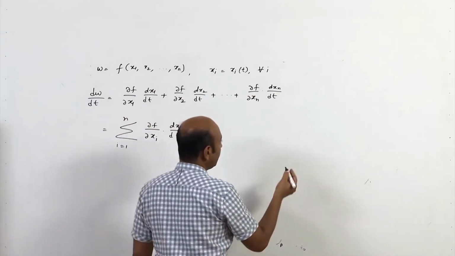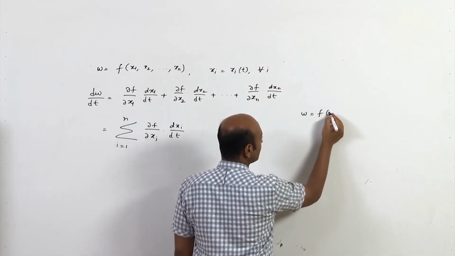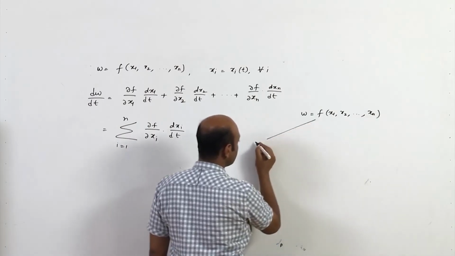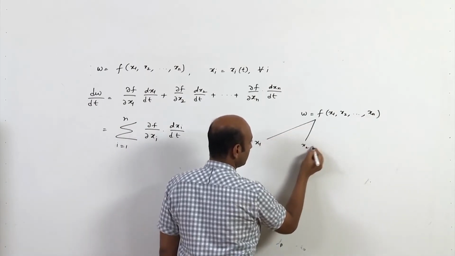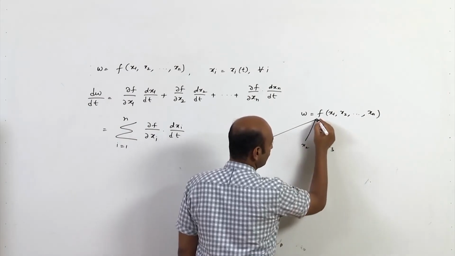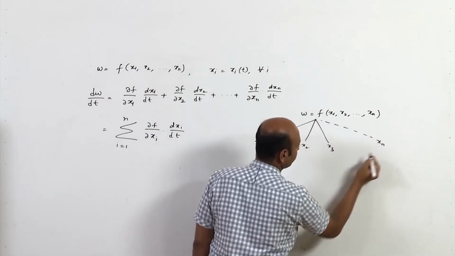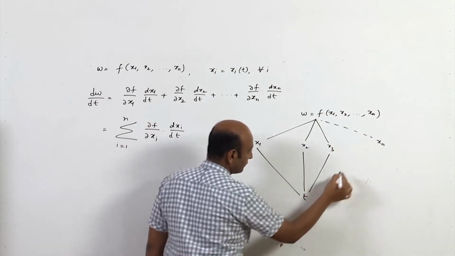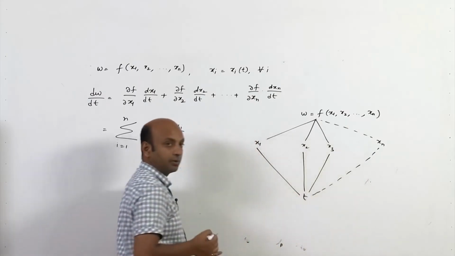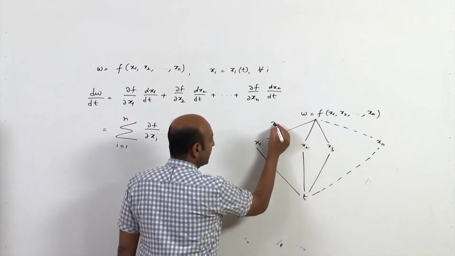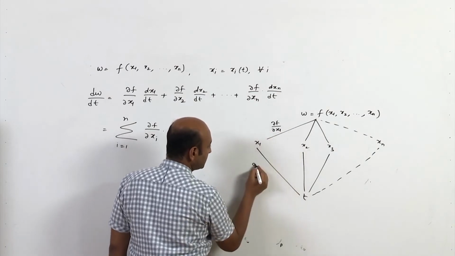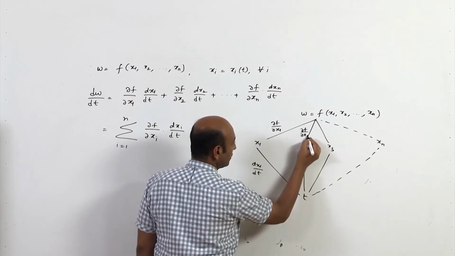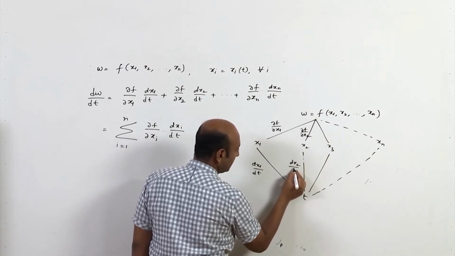Also by the tree diagram we can say this. It is a function of n variables, so it is x1, x2, x3, and so on up to xn, and each is a function of t. From this branch it is del f by del x1, and dx1 by dt. From here it is del f by del x2, and dx2 by dt.